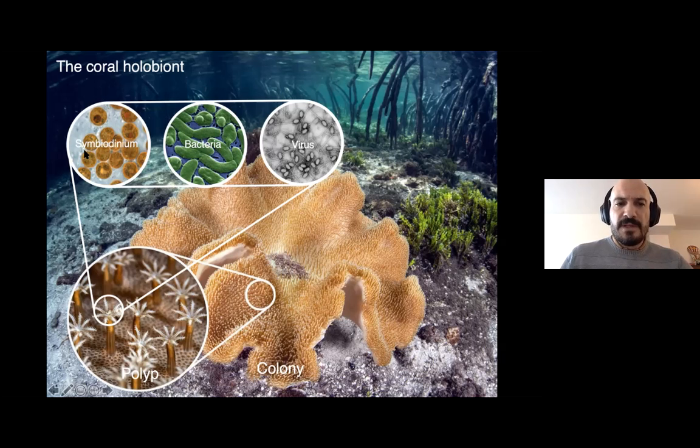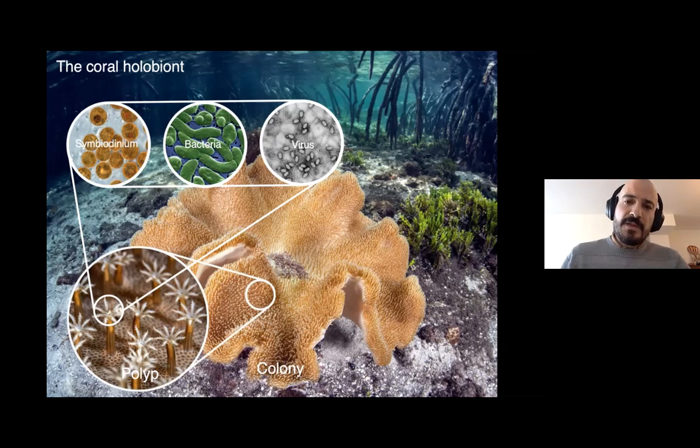One is the Symbiodinium, the zooxanthella that I presented before. It's a symbiotic algae that is essential for the survival of reef-forming corals. Then there is a complex community of bacteria that has proven to also be crucial, and a complex community of viruses that I presume Forest Rohwer, who was here, probably introduced you to.